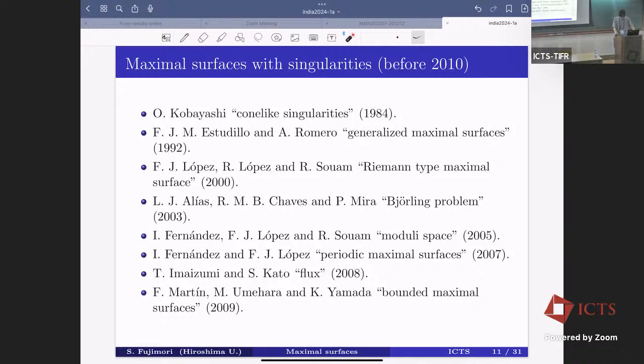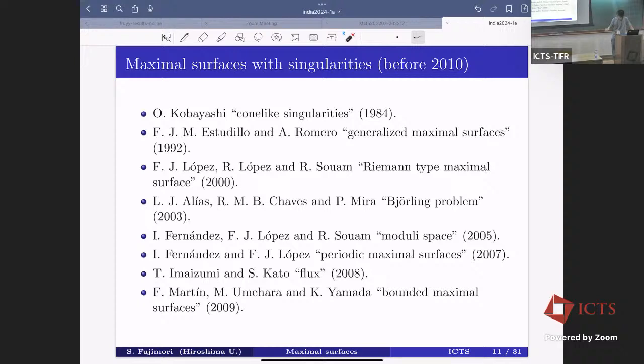And then Arias, Chavez, Mira considered the building problem. And then Fernandez, Lopez and others considered some moduli space of maximal surface singularities.